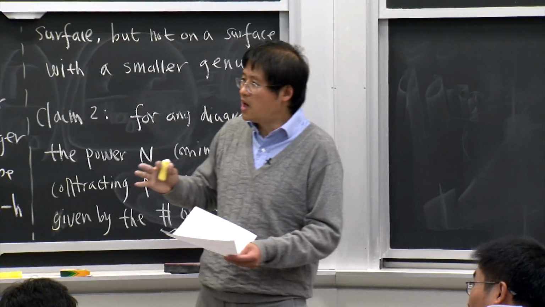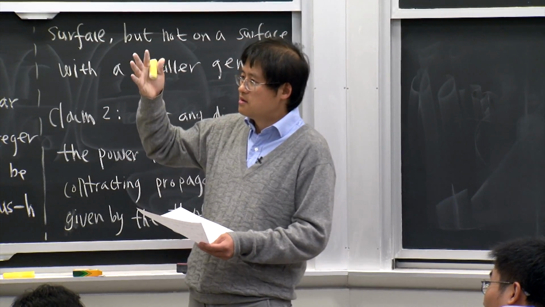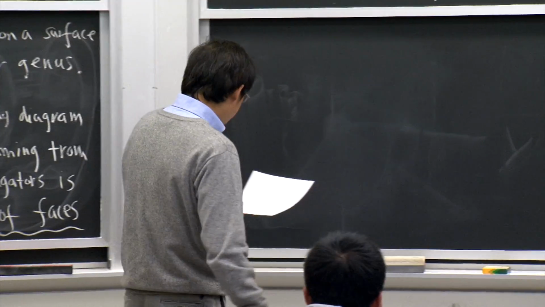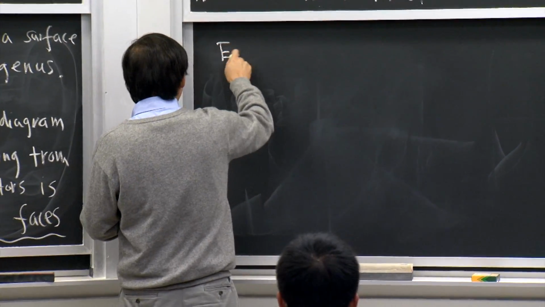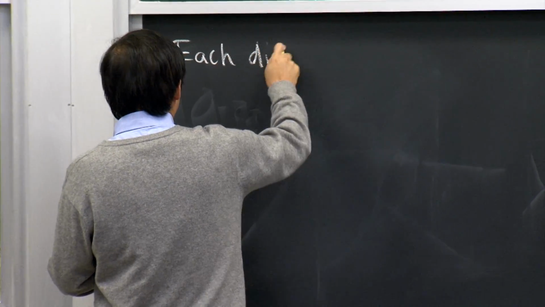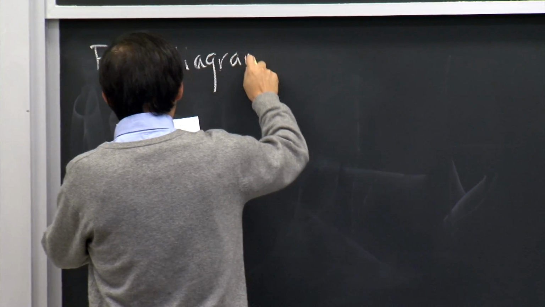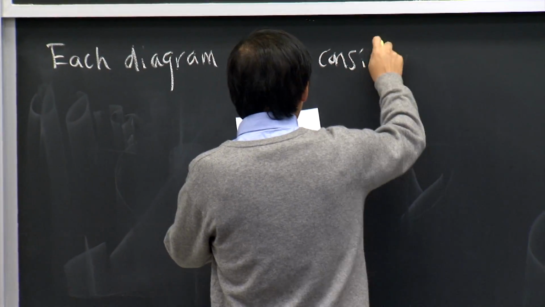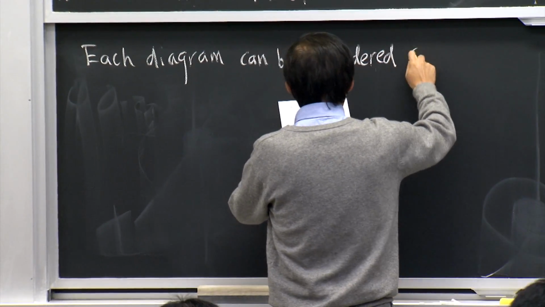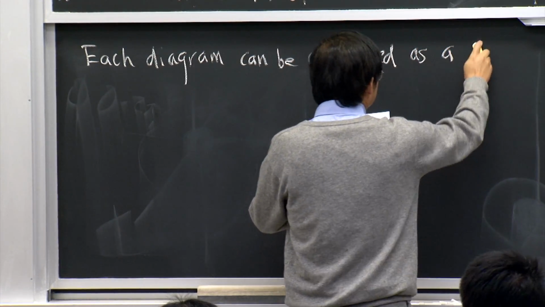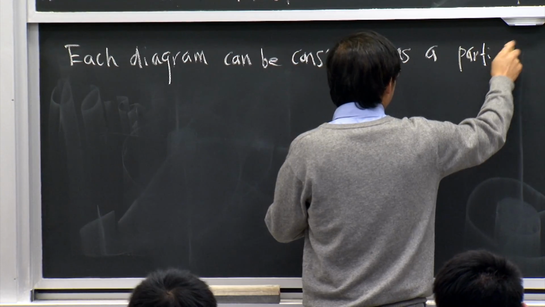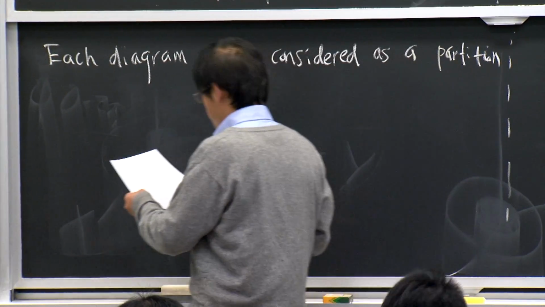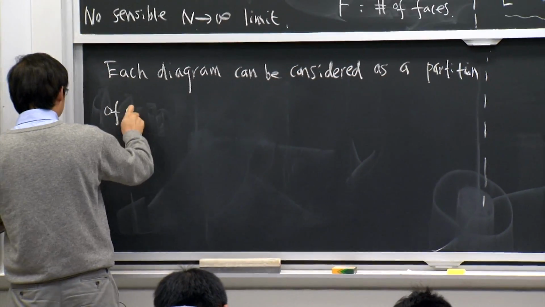So if you think about such diagrams, then in a sense, each Feynman diagram can be considered as a partition of the surface.